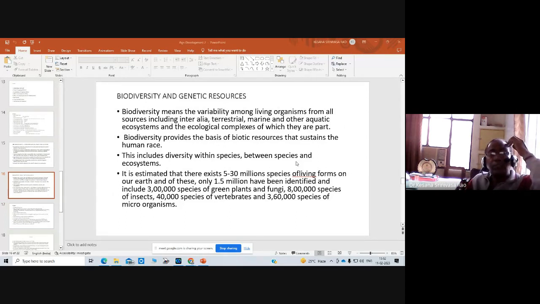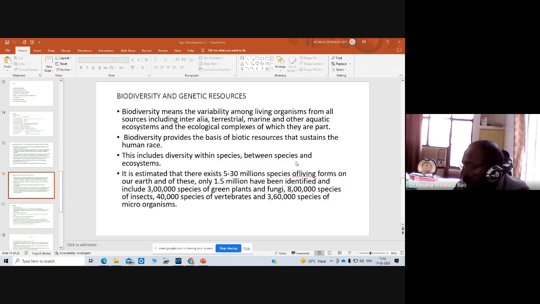Biodiversity and genetic resources. Biodiversity means the variability among living organisms from all sources, including inter alia terrestrial, marine, and other aquatic ecosystems, and the ecological complexes of which they are part. This is what biodiversity is, which you have to understand. It provides the basis of biotic resources that sustain the human race.